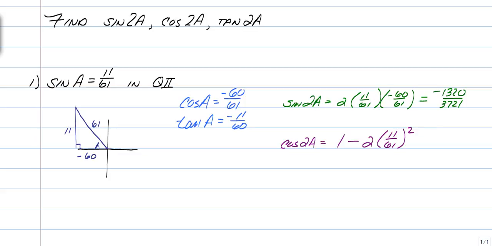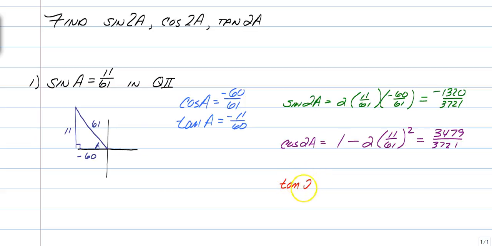All I'm going to do this time is type that in the calculator: 1 minus 2 times 11 over 61 squared. That's just going to give me 3479 over 3721. Done.